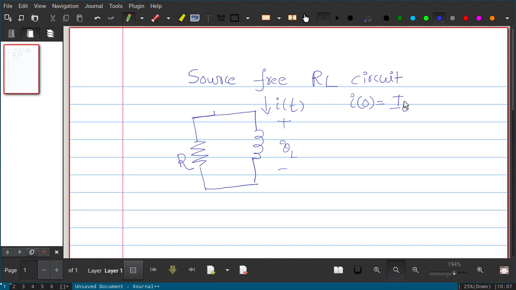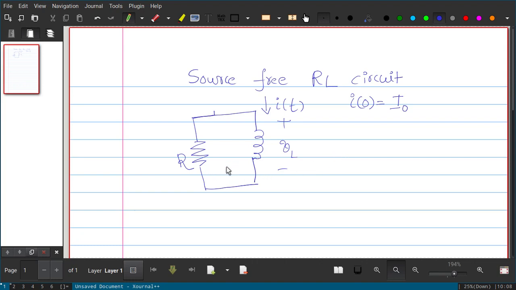Now we will find the response, we will find an expression for i(t) in this problem. So let us first write the KVL equation. Later we will see how we can solve that.